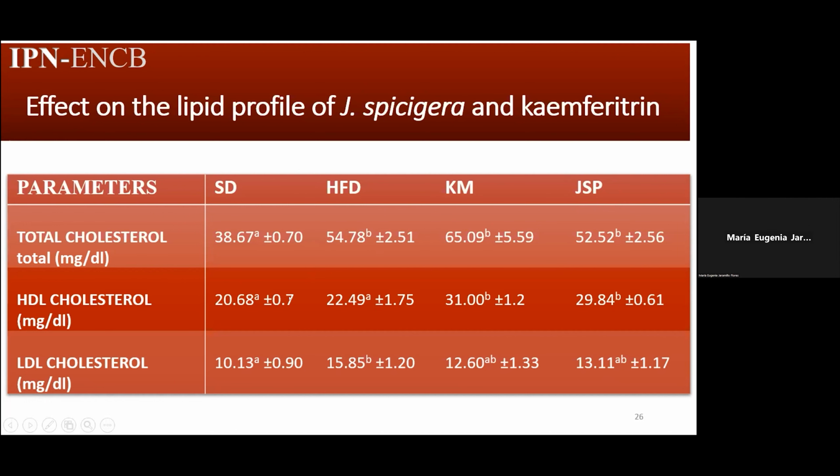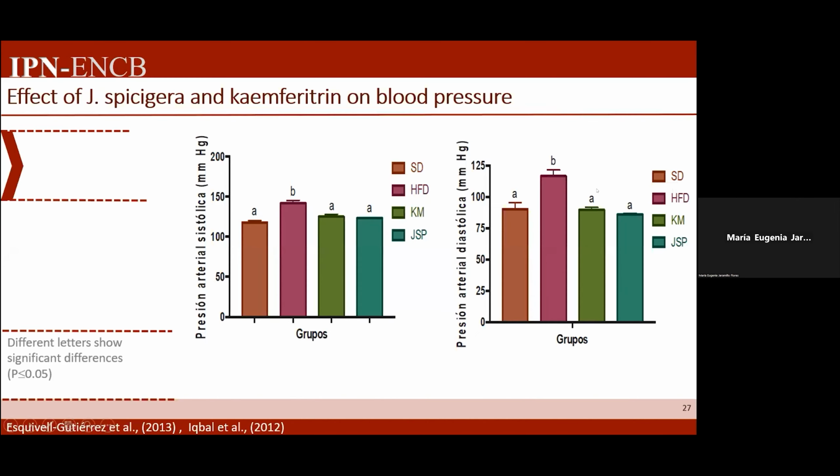HDL cholesterol: an important reduction with high-fat diet, and an increase in both with the treatment with kaempferitrin and Justicia spicigera plant. LDL cholesterol: an important increase in high-fat diet as we expected, and an important reduction too in the groups with treatment with kaempferitrin and Justicia spicigera plant.